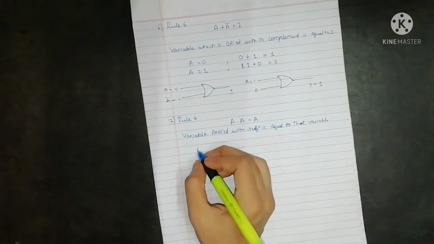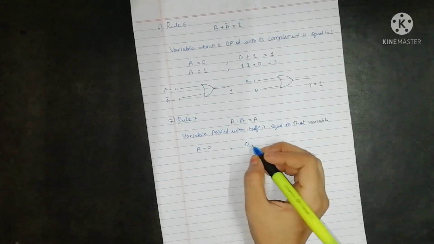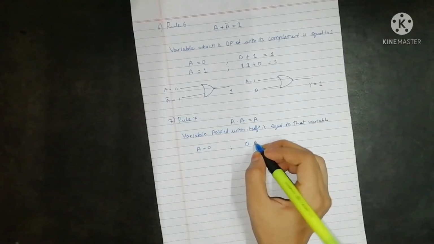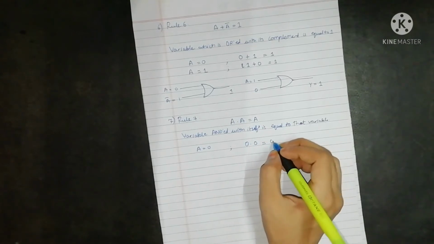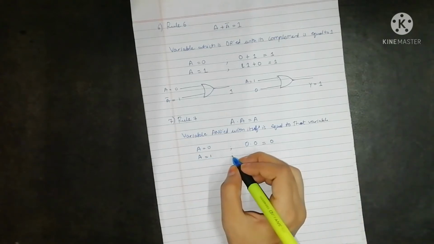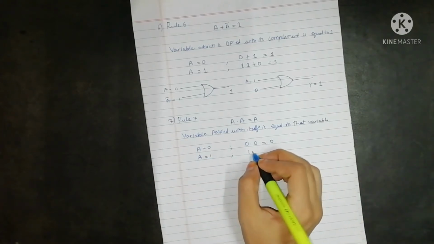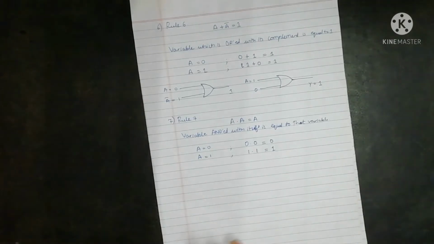So if my variable is 0 and I AND it with itself, that is 0 into 0, then I get the same variable, that is 0. And if my variable is 1 and I AND it with itself, that is 1 into 1, so I get the same variable, that is 1.